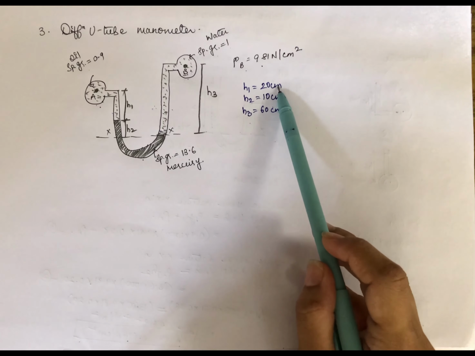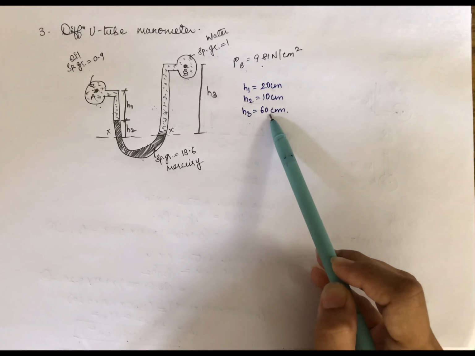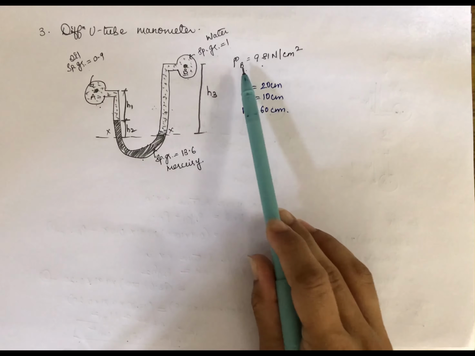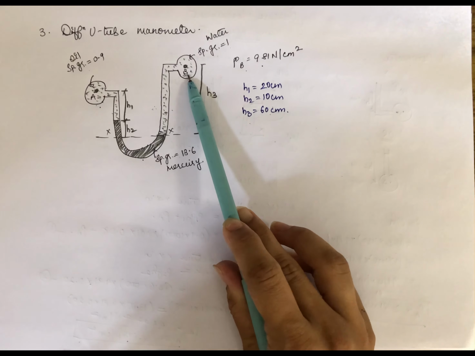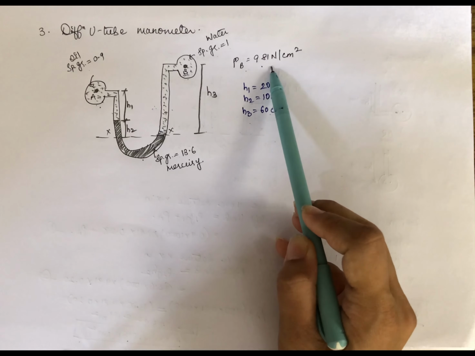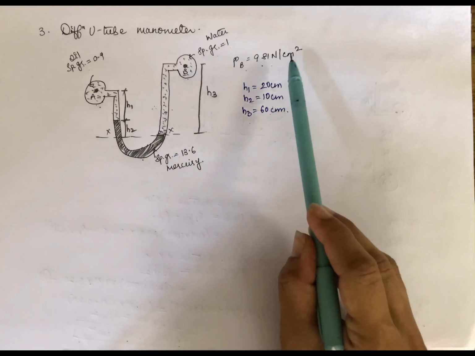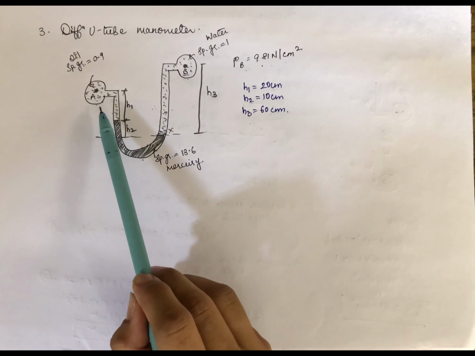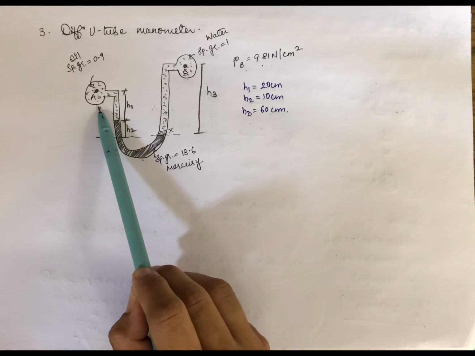Also, the values of H1, H2 and H3 are given, and the pressure at point B, that is at the center of pipe B, is also given, which is 9.81 Newton per centimeter square. Using all this data, we need to find the pressure at point A.